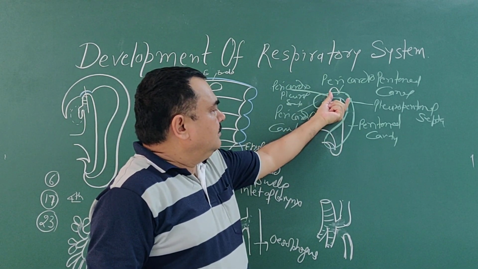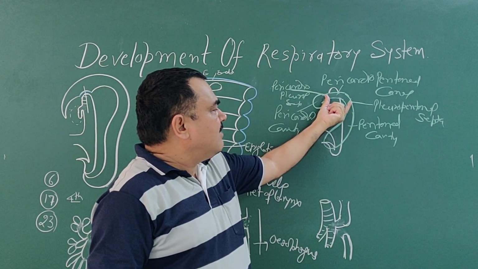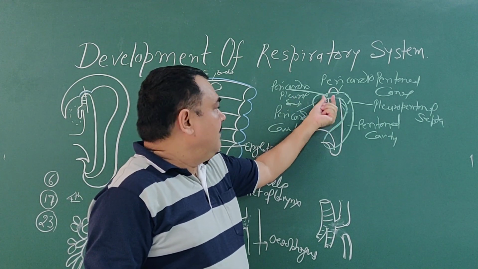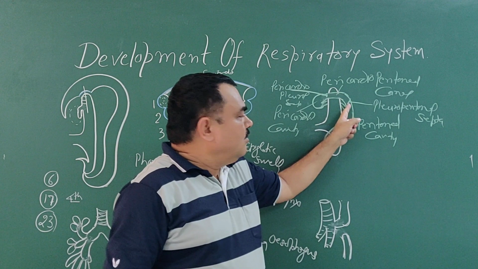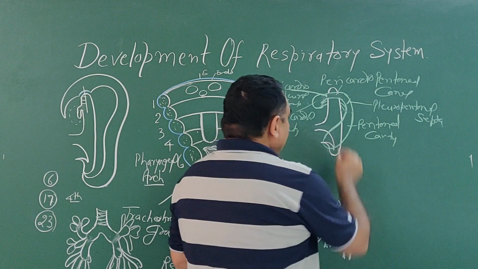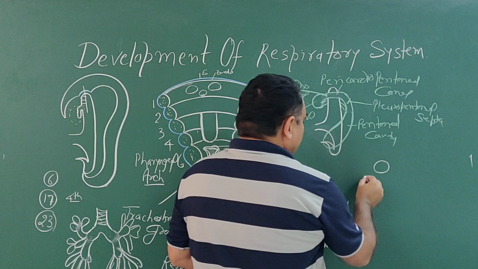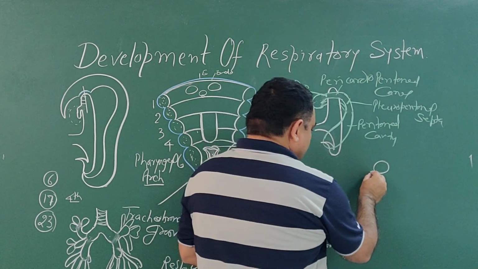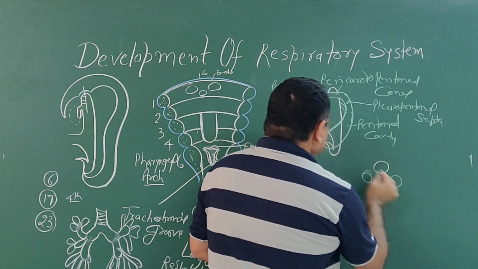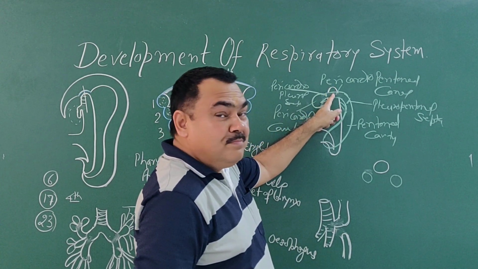So in these two cavities, this is the canal, and the canal is bounded by the pericardio-pleural membrane and the pleuroperitoneal membrane. If you cut a transverse section at this level, here you will find the developing gut, and on either side there is the pericardio-peritoneal canal.